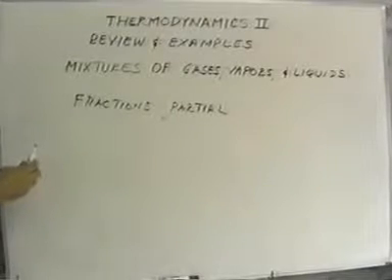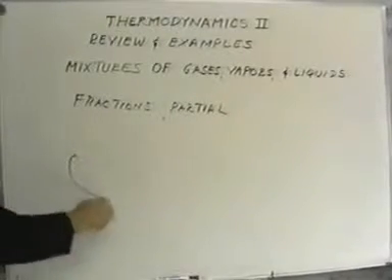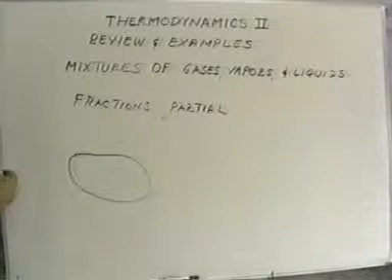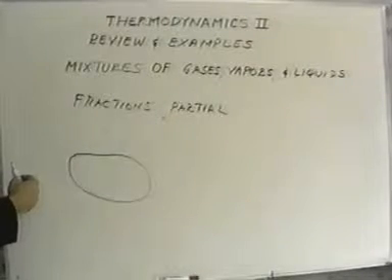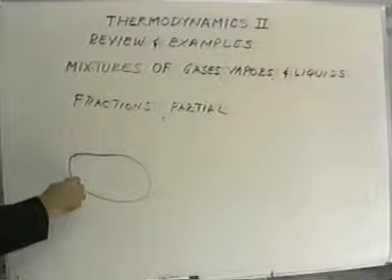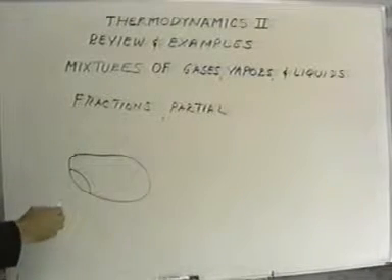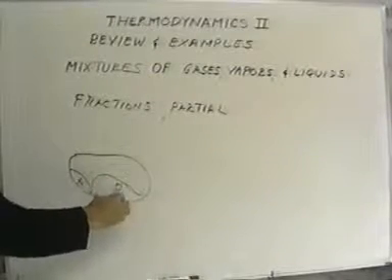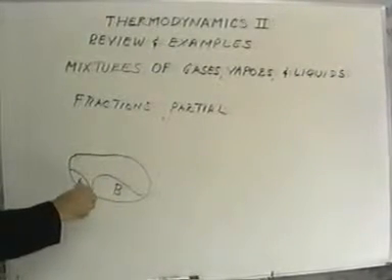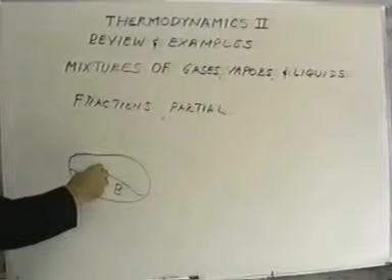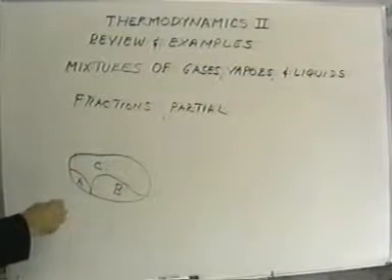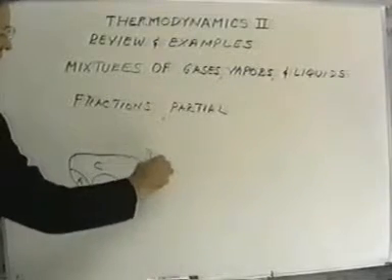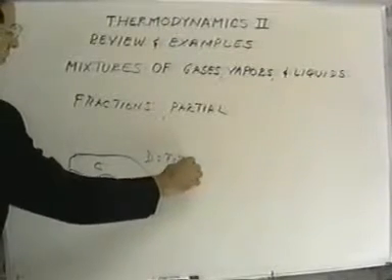And the first thing is, let's imagine that we had a mass which is a mixture of various gases, and there'll be a certain amount of gas A and a certain amount of gas B. Of course, they'll all be mixed together, so I'm showing them separately right now. And there'll be some of gas C, and they're all mixed together to form some mixture called D. So let's say D is the total.